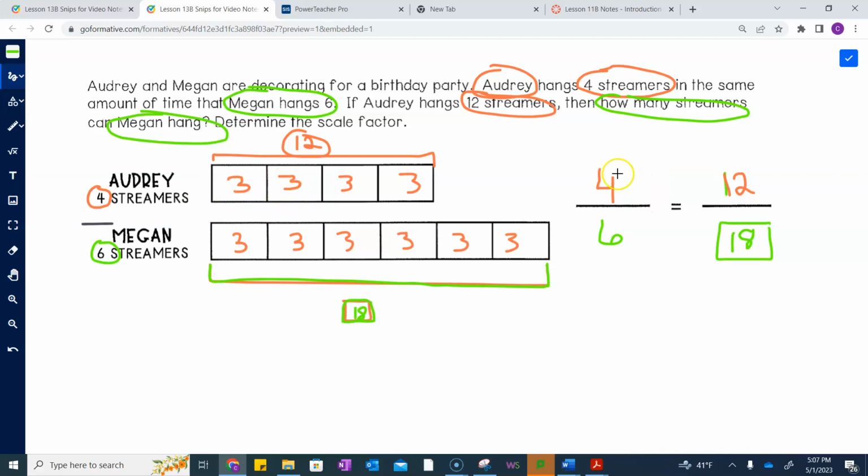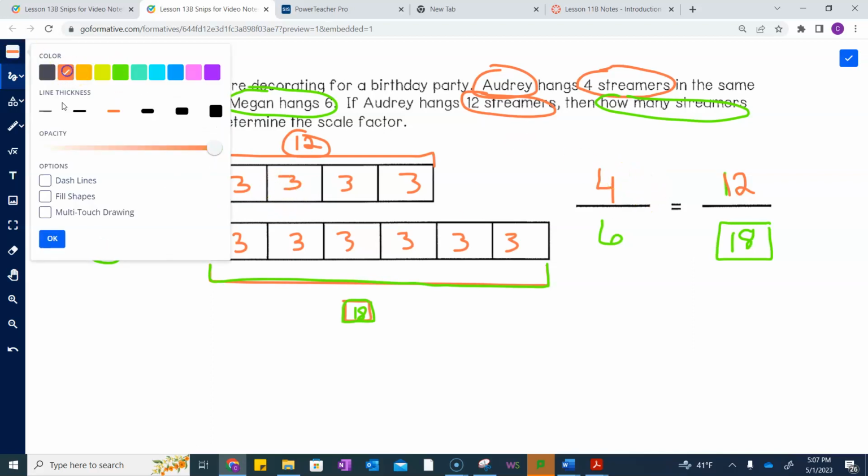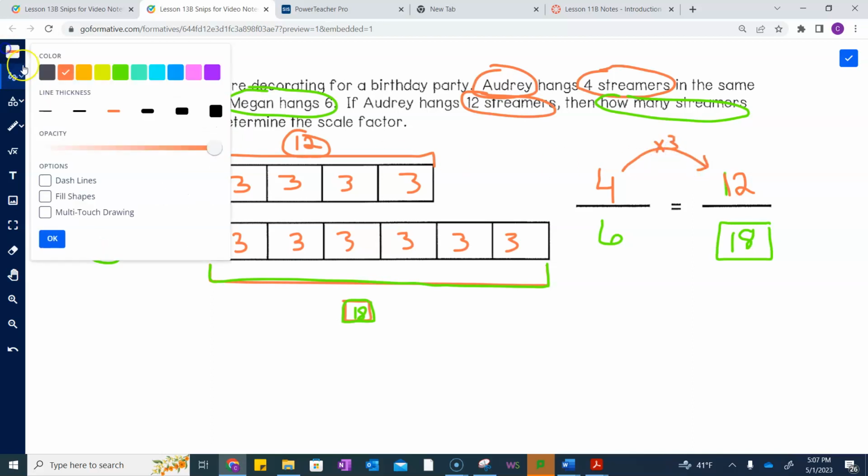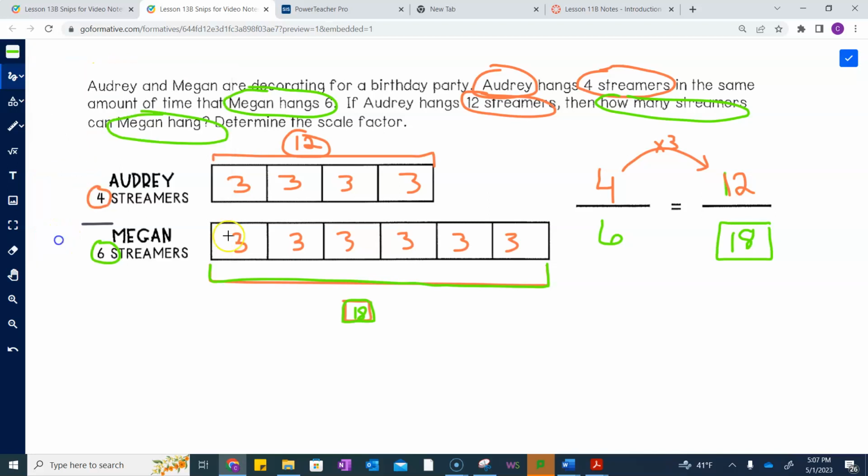Again, it's figuring out how we create that equivalent fraction from a 4 to a 12. We would multiply by 3. What you do to the top, you're going to do to the bottom to keep that ratio equivalent. 6 times 3 is 18. So that's our equivalent fraction, and now it's asking for the scale factor.